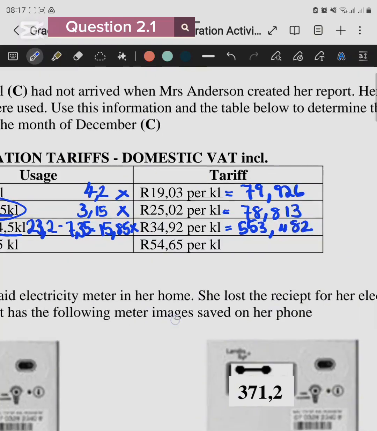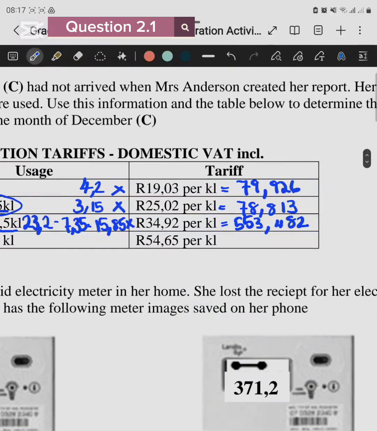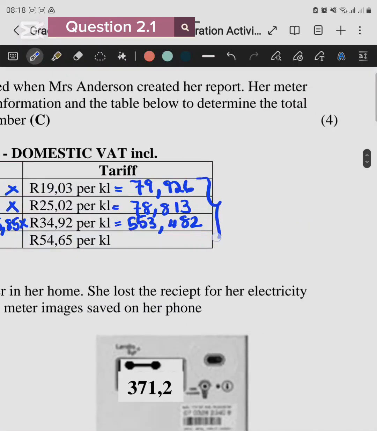And then I don't need anything in that last bracket because I've used less than 24 kiloliters. So all I need to do is add those three together. And when you add them together, you get 712,22. And that is the cost of her water.